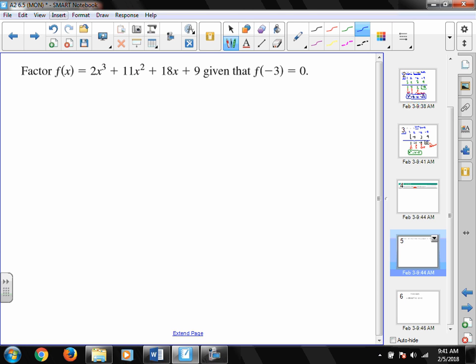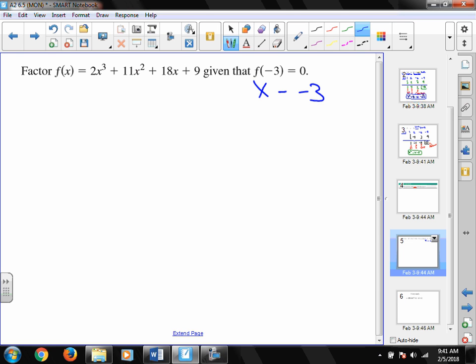So this isn't exactly in the same format that we were just working with, but what we know is that if we have f evaluated at -3 equals 0, that means we have x minus -3.